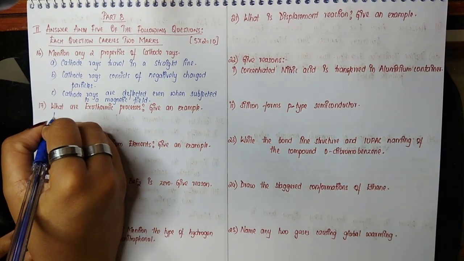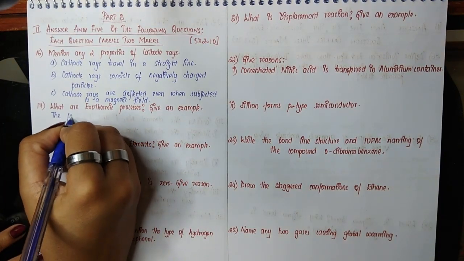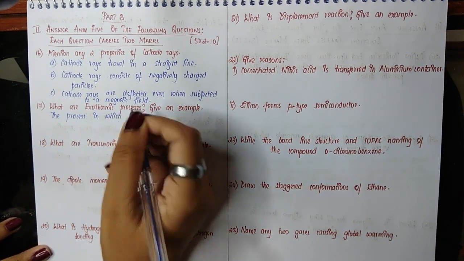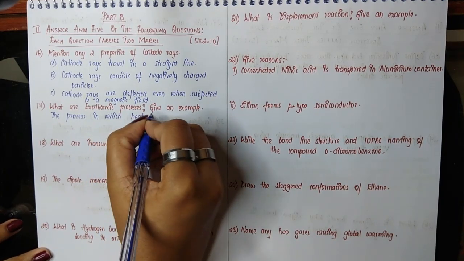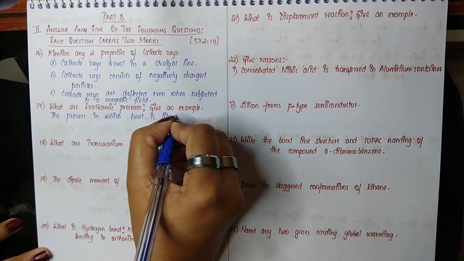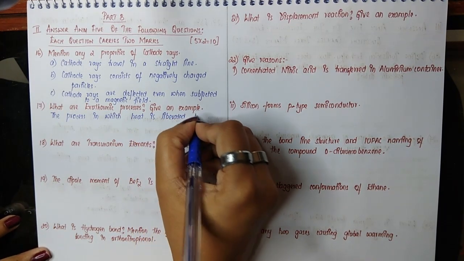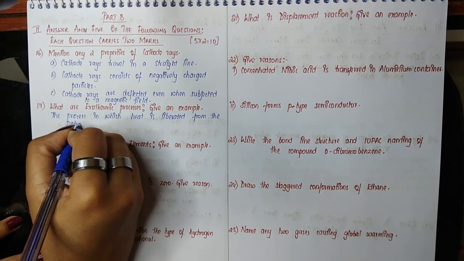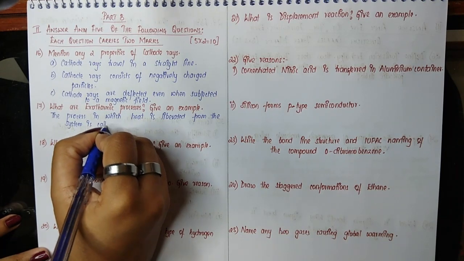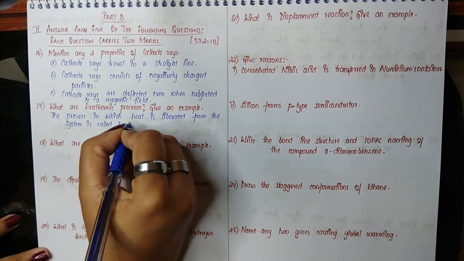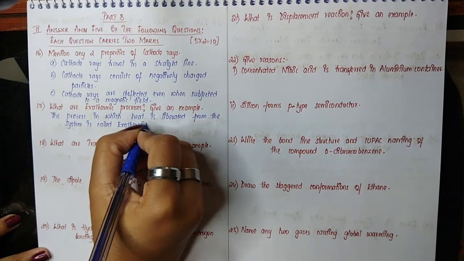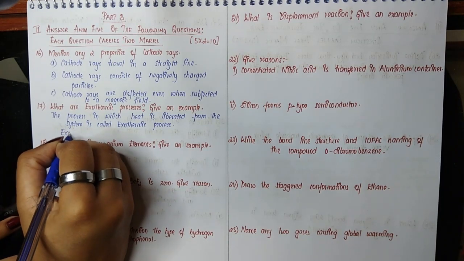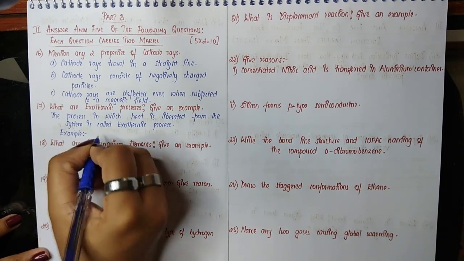So you can write the process in which heat is liberated from the system is called exothermic process.